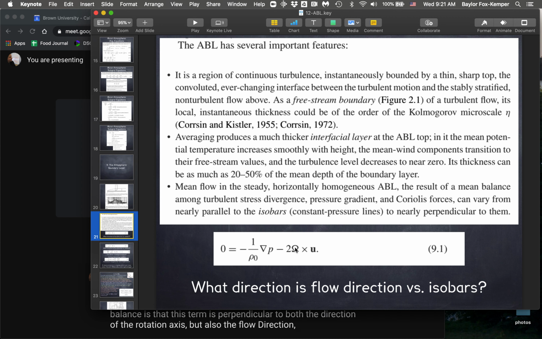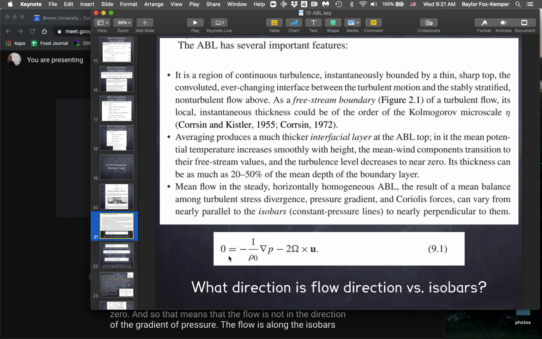So if you dot this equation into the flow direction, this term vanishes because it's perpendicular to the flow direction, but this term has u dot grad p equals 0. That means the flow is not in the direction of the gradient of pressure. The flow is along the isobars.